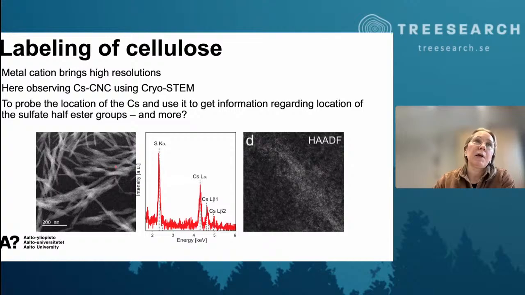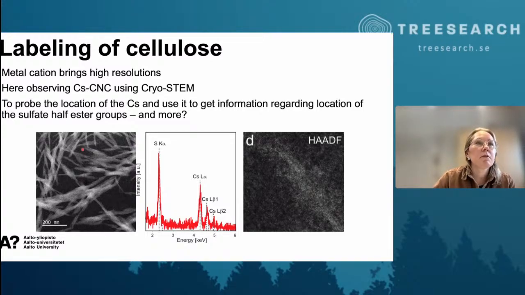The idea behind this is that we know that metal cations should bring a higher resolution in electron microscopy techniques. So we chose here the cesium-modified cellulose, and then Daniel's method of high resolution cryo-TEM.